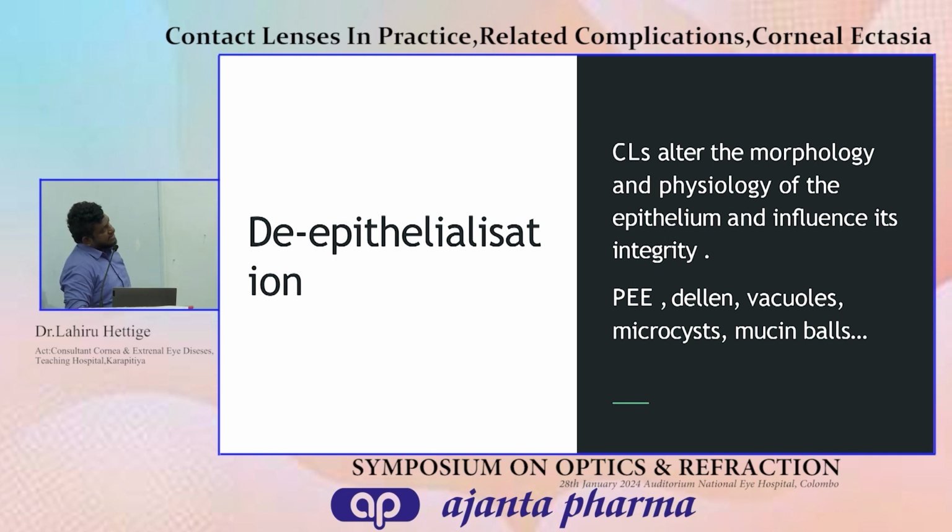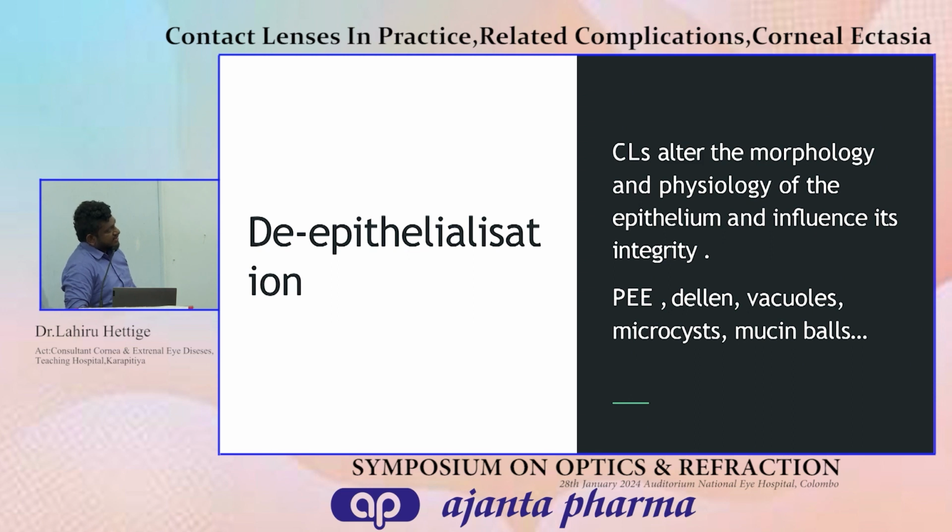I'll talk about common complications first. So deepithelialization is a very common scenario that we encounter in regular contact lens users. Contact lenses alter the morphology and physiology of the epithelium and influence its integrity.